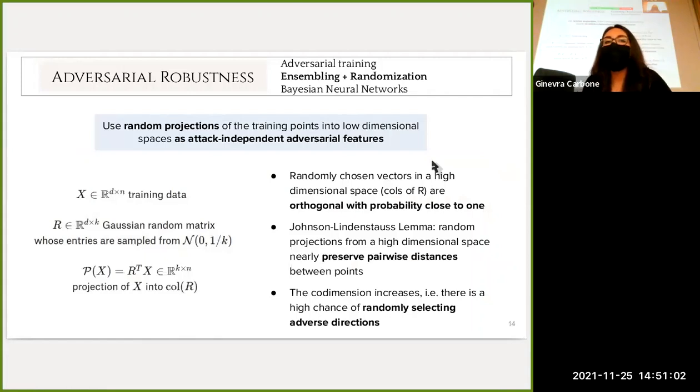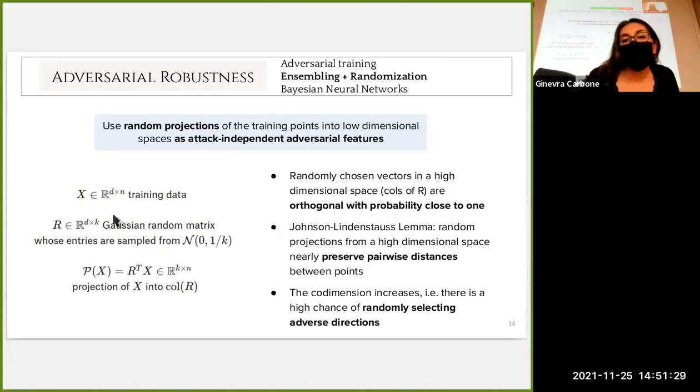Now, the first idea is to use random projections of the training points as adversarial features which are attack independent. So let me explain what this means. First of all, we can represent our training data in matrix form. So suppose that we have a matrix X where D is the dimension of the original images and N is the number of training points.